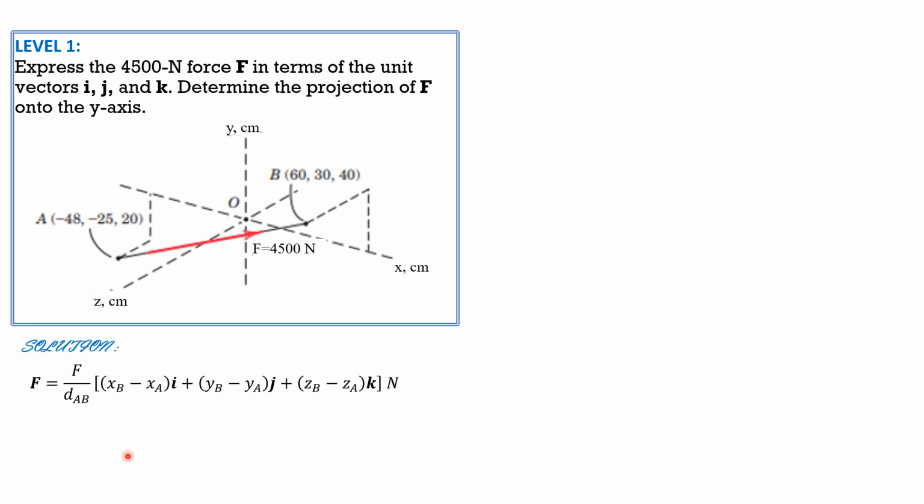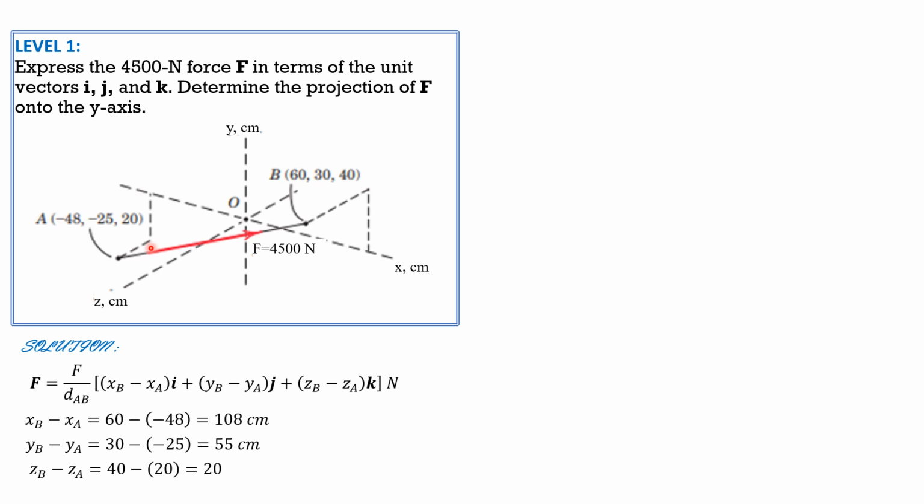where xB minus xA is 60 minus negative 48 in centimeters. So that would be 108 centimeters. yB minus yA is 30 minus negative 25, so it is equal to 55 centimeters. And zB minus zA is 40 minus 20 equals 20 centimeters.